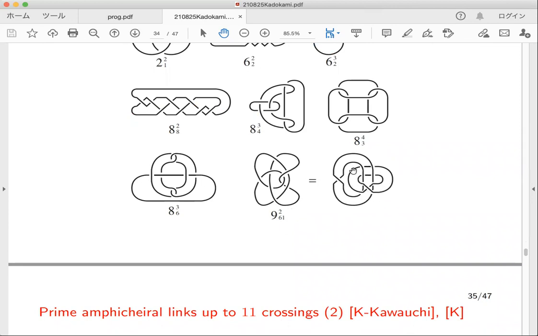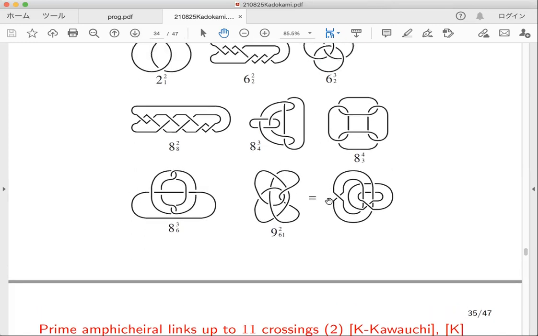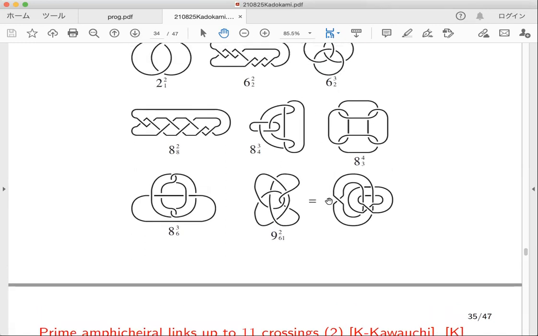The linking number of this link is 0, but the Alexander polynomial of it is not 0. And this is not component preserving amphicheiral. It's amphicheiral, but not component preserving, and its Alexander polynomial is not 0. But it is an algebraically split link, with linking number 0.